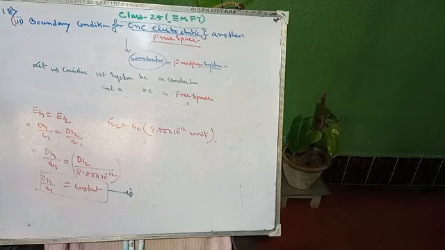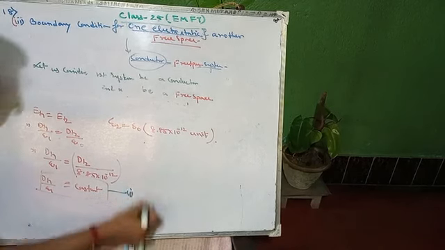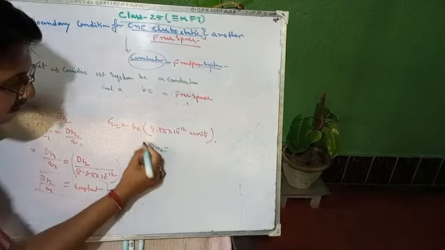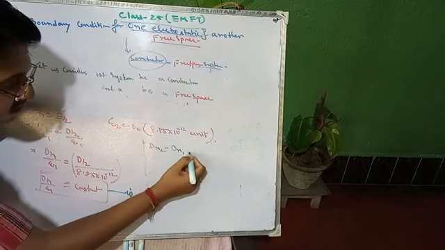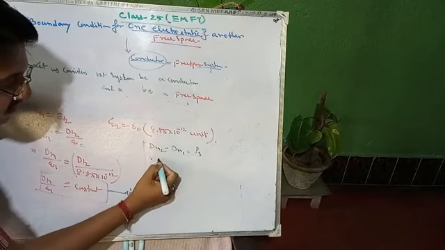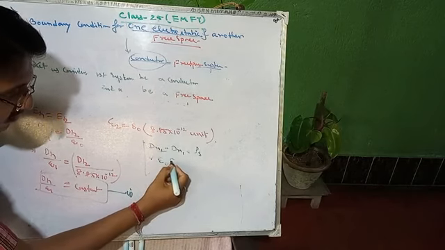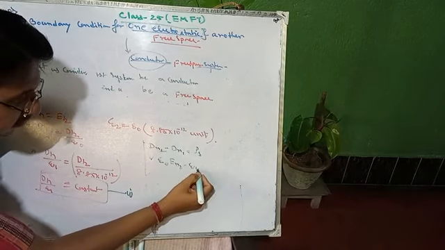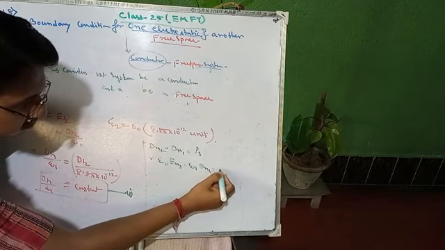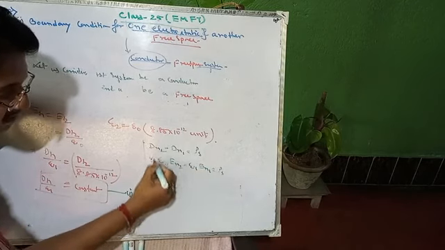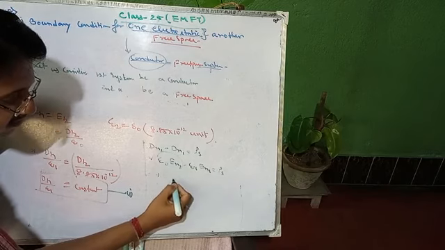And the second condition is DN2 minus DN1 equals rho s. So DN2 means similarly it will be epsilon naught EN2 minus epsilon 1 EN1 equals rho s, and similarly it is a constant one.